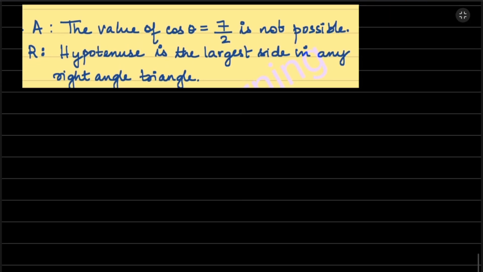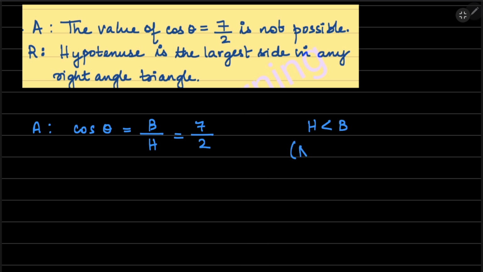So assertion statement is nothing but the value of cos theta is 7 by 2, right? So here, according to the assertion statement, you are given cos theta is nothing but it is base by hypotenuse. This is given as 7 by 2. Is it possible for hypotenuse to be lesser than, see here hypotenuse is lesser than base is more.